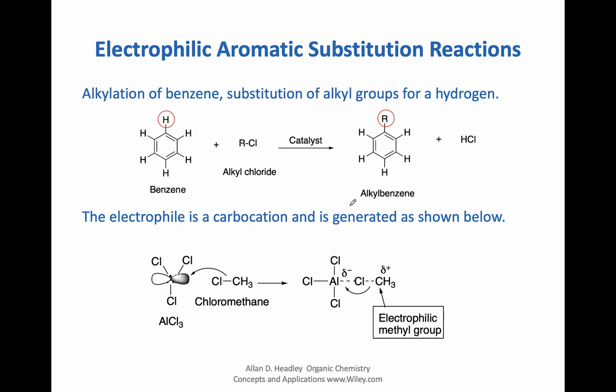Alright, let us turn our attention now to the alkylation of benzene. How do you convert H here into an alkyl group, a carbon containing group, which we have defined as R?